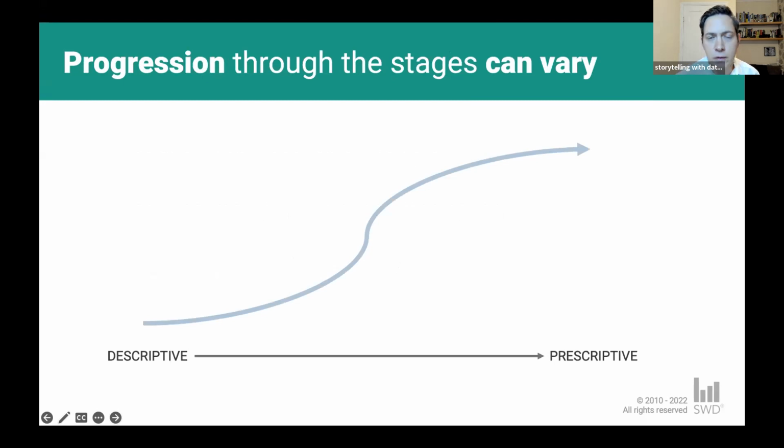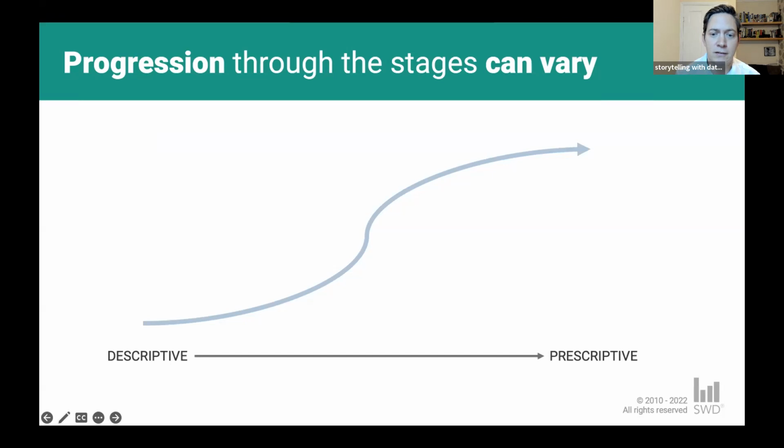And progression through these stages can vary. The progression doesn't have to be linear. There aren't hurdles or tests to pass. And it might be that for some projects, multiple stages are covered within that particular project. Oftentimes, we need to start with the descriptive stage because that's when the business gets to learn about what it's doing and what's happening.